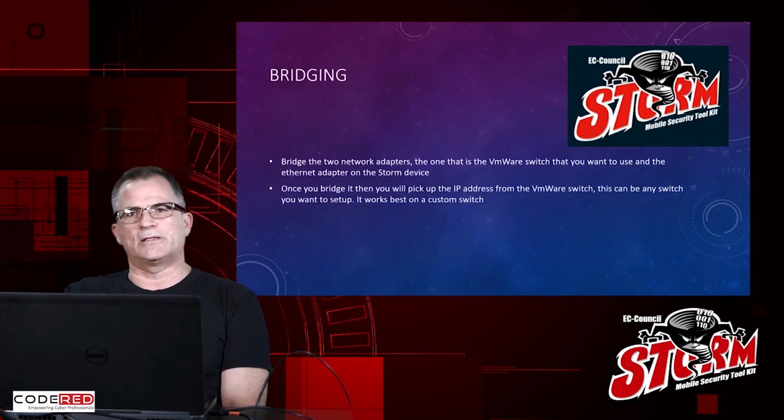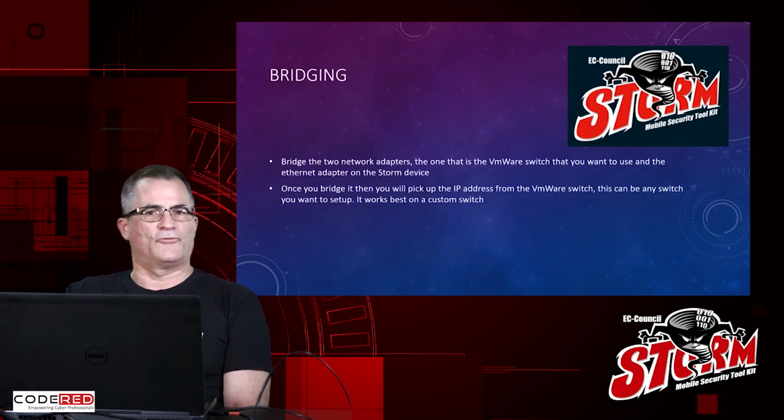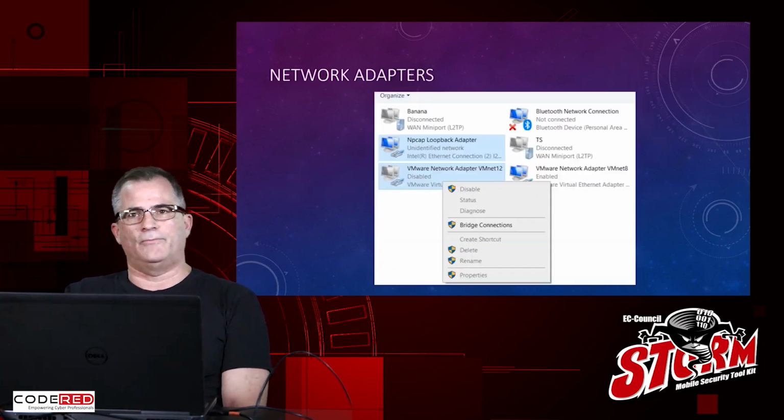So what I do is I'm going to select the adapter that the actual Storm is inserted into, that physical adapter. I'm going to select the virtual switch, and then I'm going to right-click them, and I'm going to bridge it, as you see here in this example that's on the slide. So when I select both of those adapters, in this example, my NPcap loopback adapter is my Ethernet adapter.